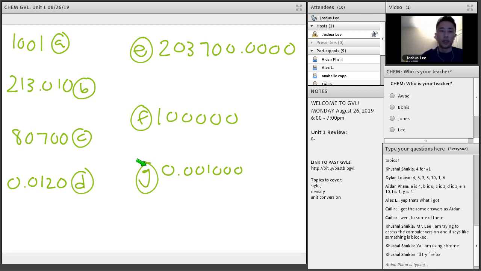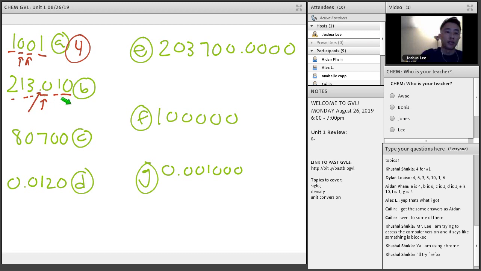All right, for the first one, the 1 and the 1 do count, and the zeros count because they are sandwiched between those two ones, so that is 4. The 2, the 1, the 3, and this 1 count, meaning this 0 counts because it's sandwiched. And this 0 only counts because we see that decimal right there.